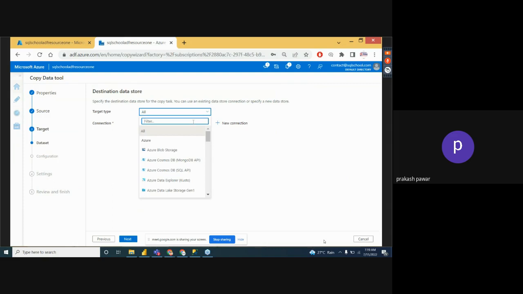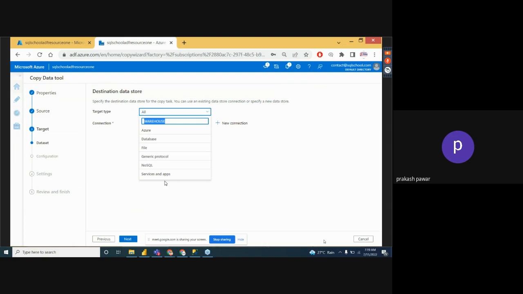But it won't work here. If I say pool, I don't really get correct information. If I say warehouse also, I don't really get correct drop down. What's the other name for SQL pool or SQL warehouse?